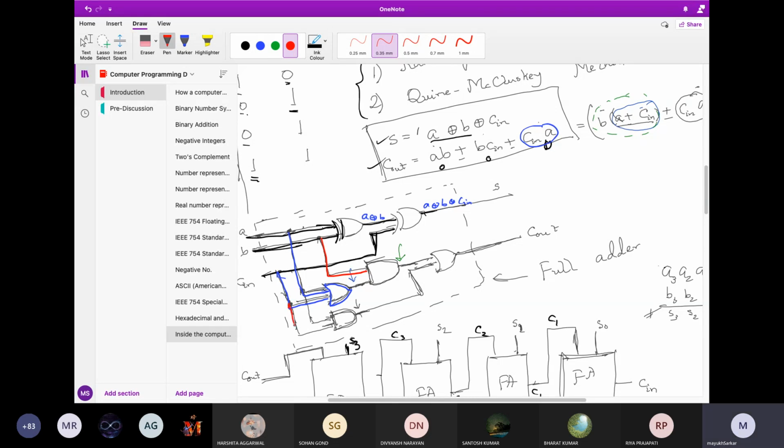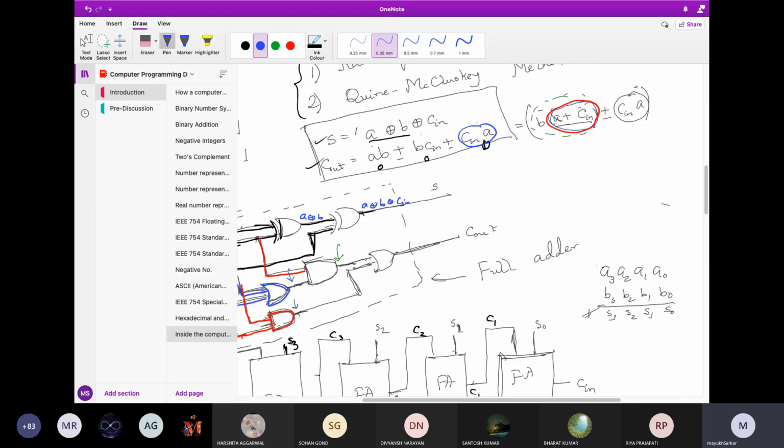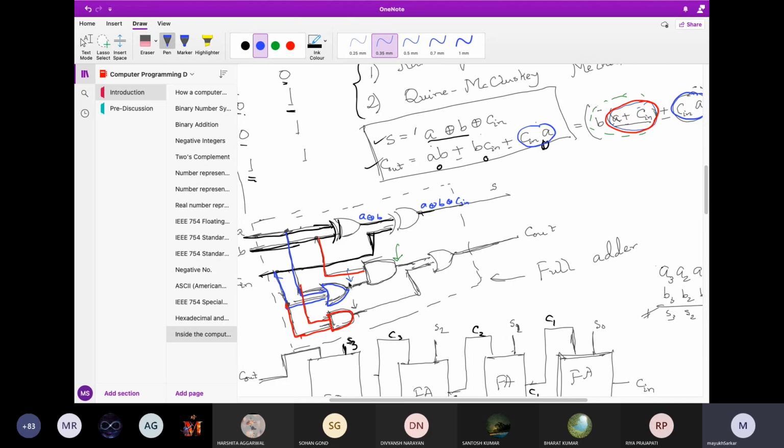Then this C in and A, it is being passed by an OR gate. That is what you're getting here. This blue gate is giving you this one. Right now, after you get this B plus C in, sorry, you get this A plus C in.